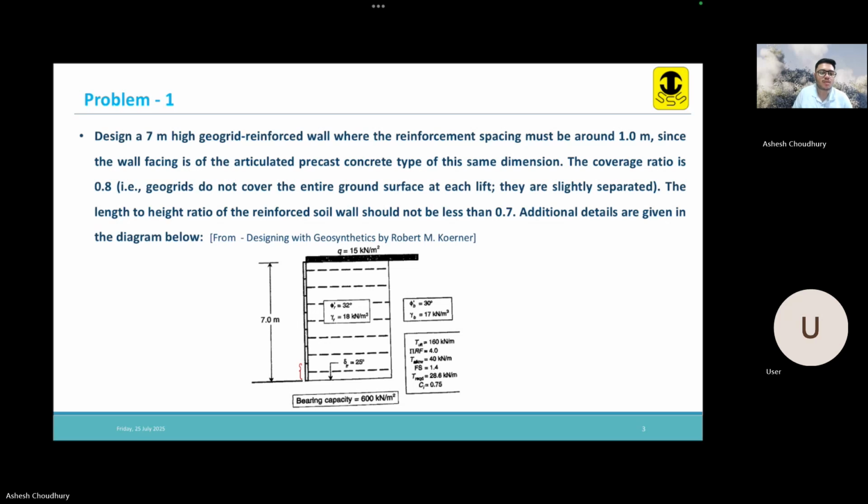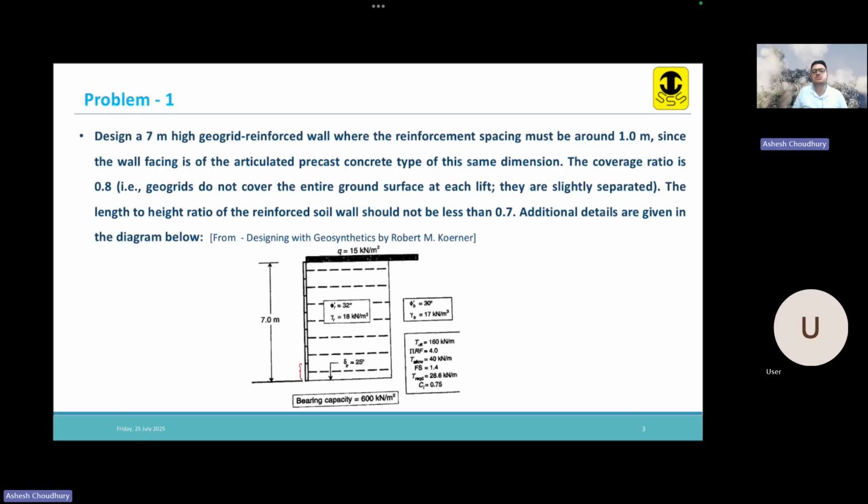Okay. The coverage ratio is 0.8. What is coverage ratio? Geogrids do not cover the entire ground surface at each lift. They are slightly separated. So at each level when you are placing the geogrids, they do not cover the entire area, right? Some area is left uncovered.